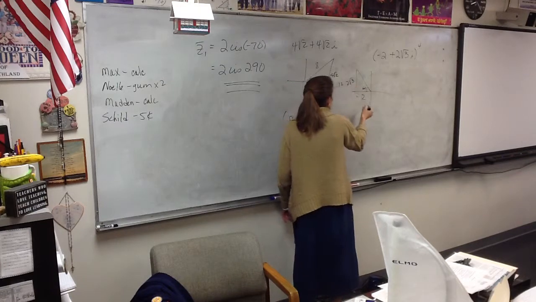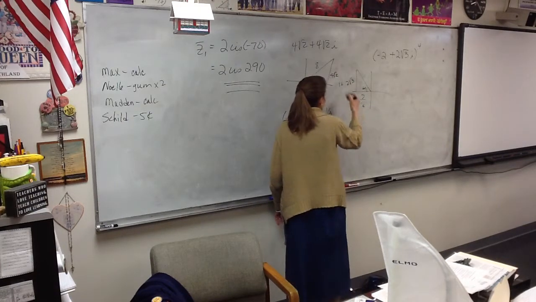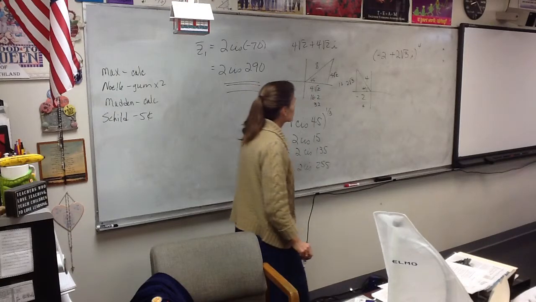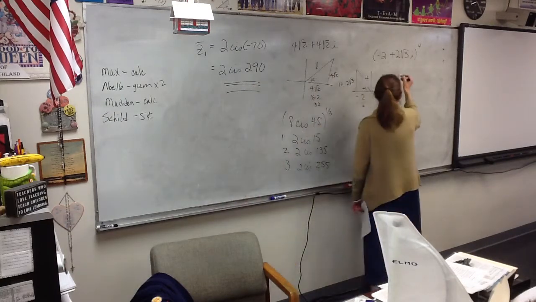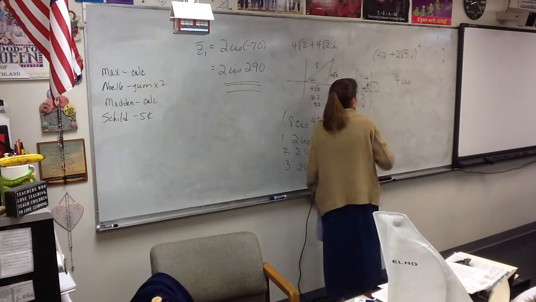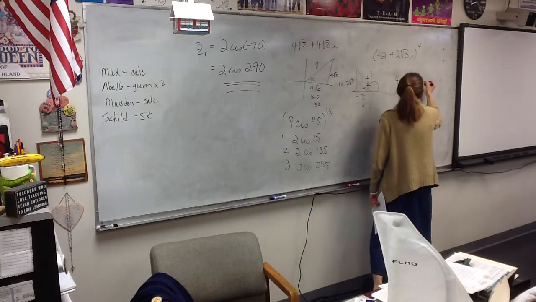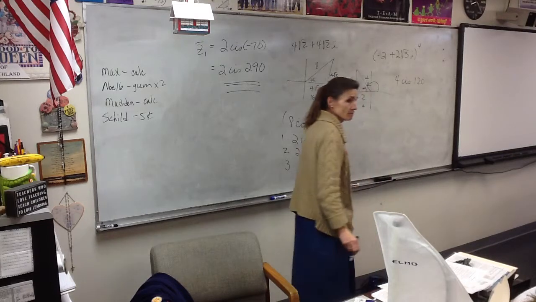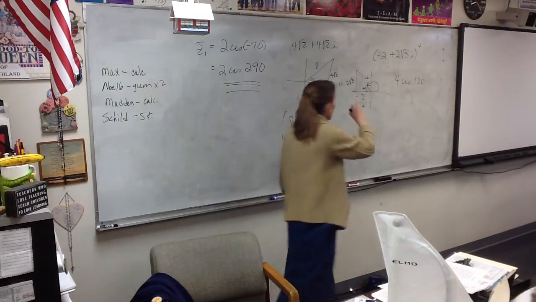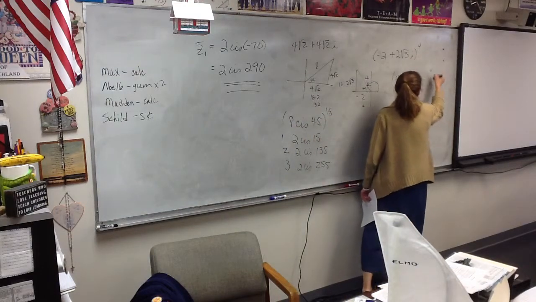Squaring this gives us 12, squaring this gives us 4, 16, that's 4. So my radius is 4, and my angle, be careful, is 120. That is what we are going to raise to the 4th power.